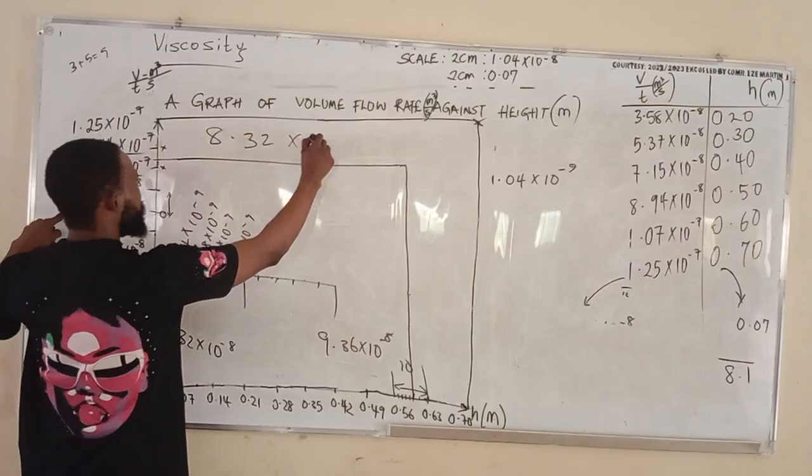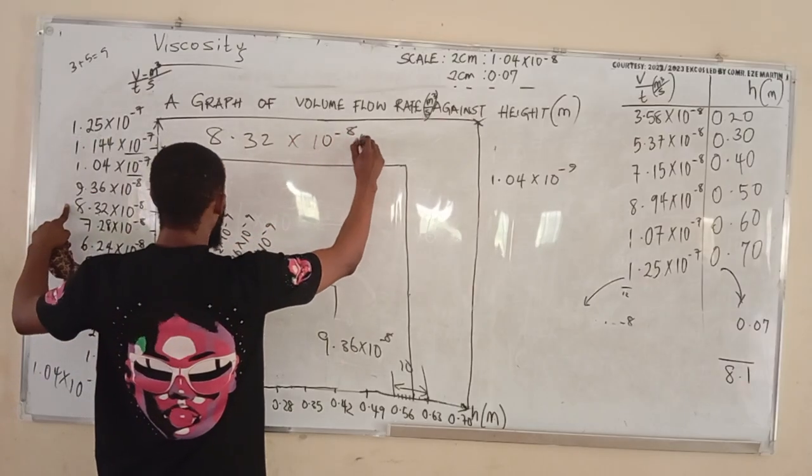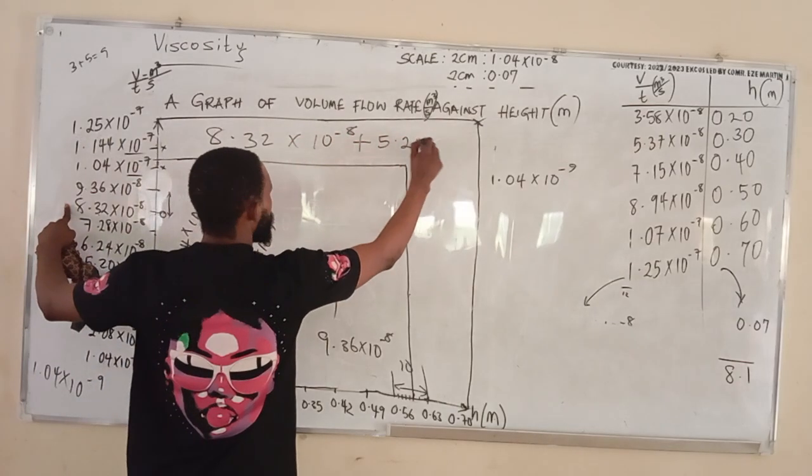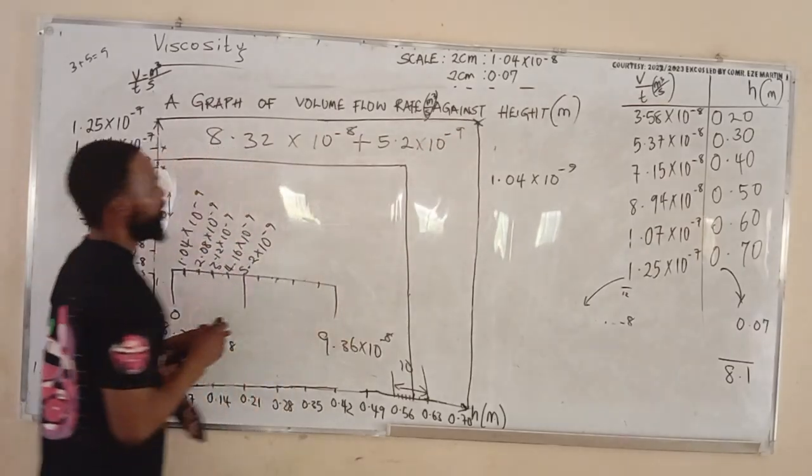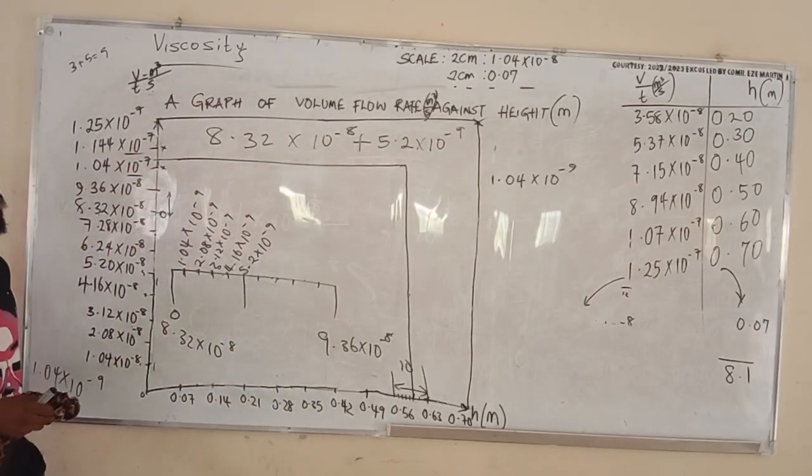8.32 times 10 raised to the power minus 8 plus 5.2 times 10 raised to the power minus 9. What do you have? 10 raised to the power minus 6.